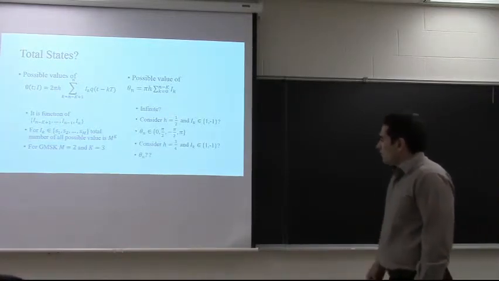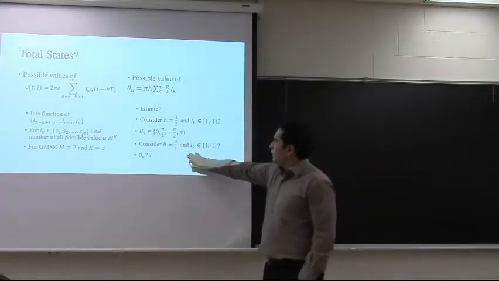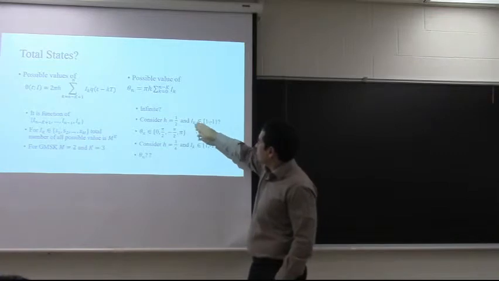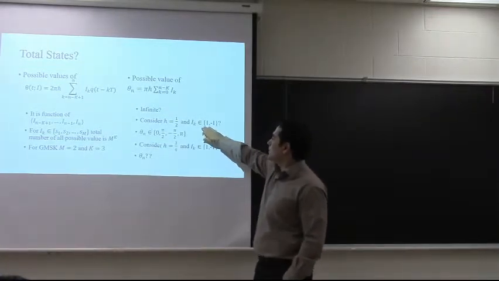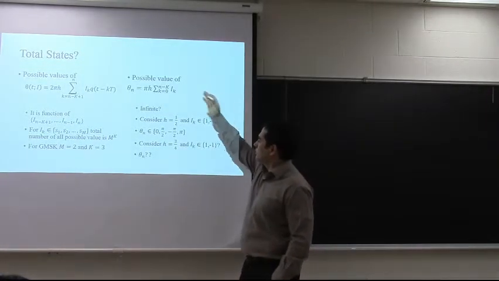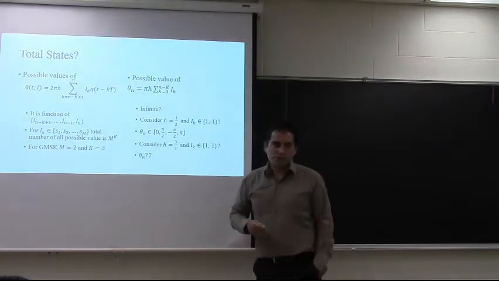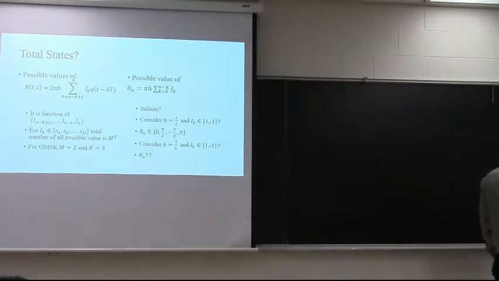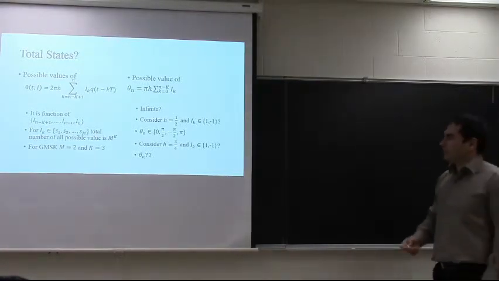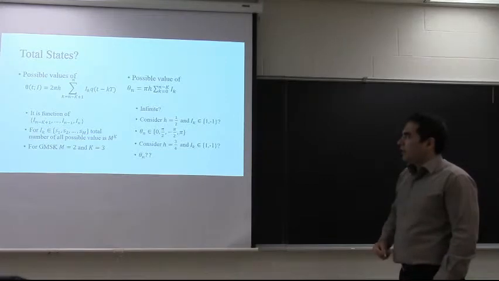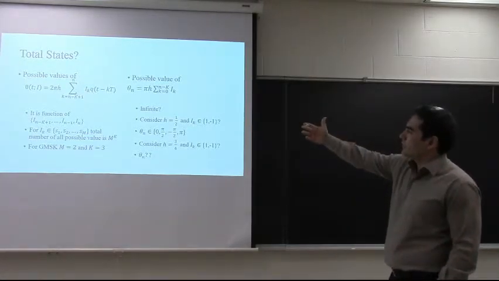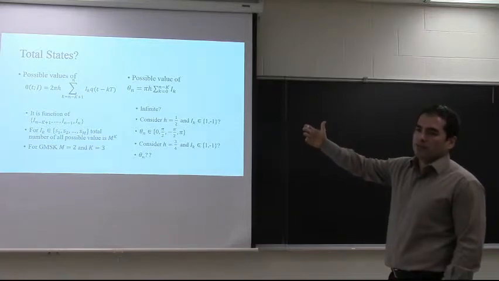Anyway, what are the possible values of this part, considering that ik is either plus or minus 1, but h is 3 over 4? You just need to calculate it. When a symbol comes in, how much phase will be added?